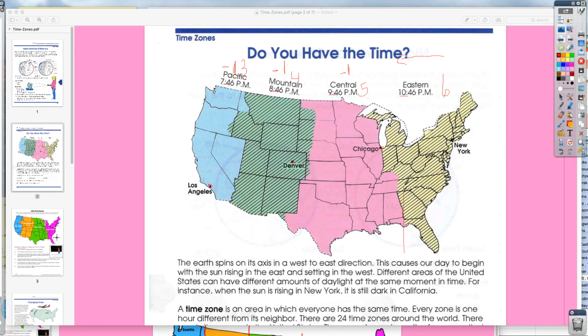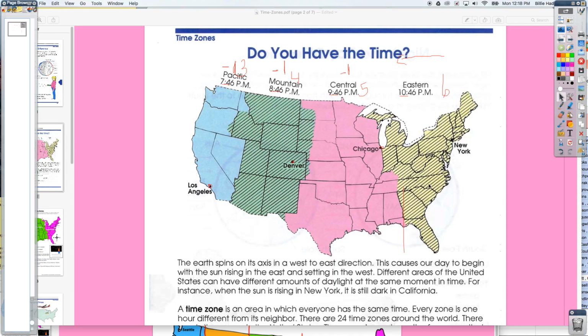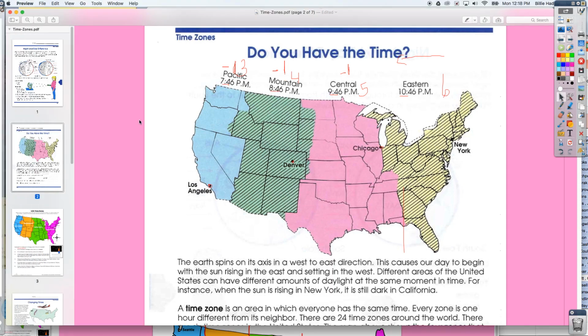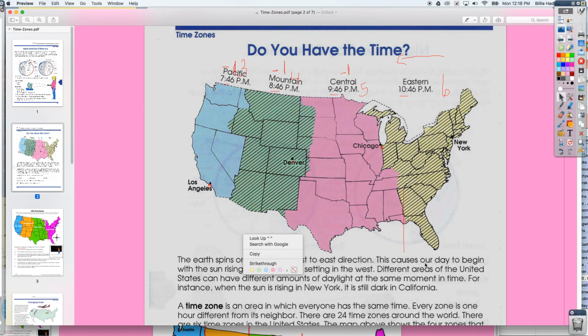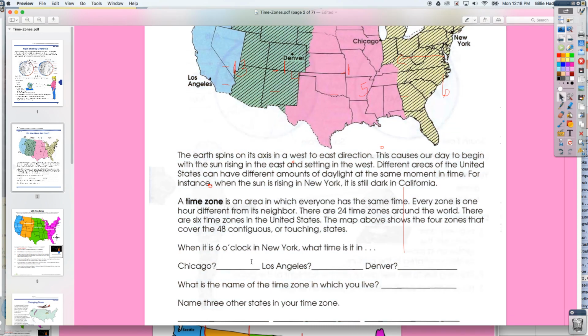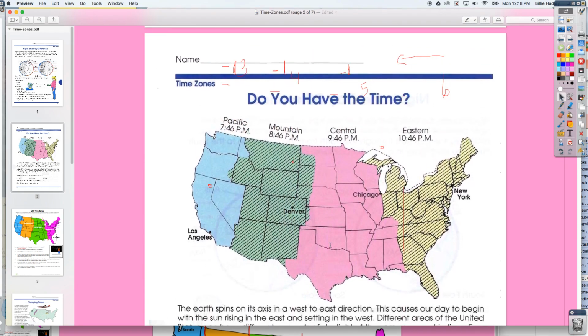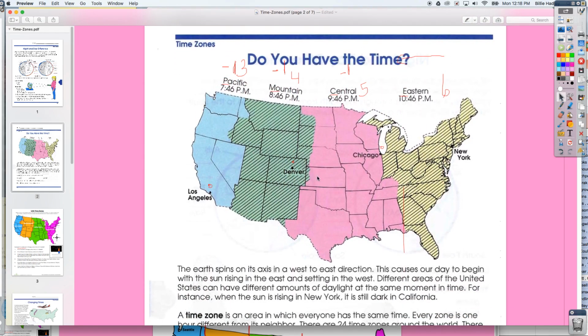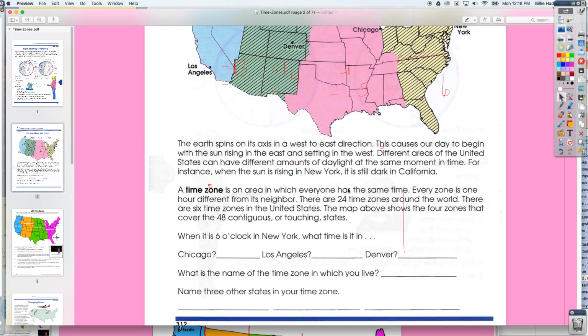So, in looking at the sheet, when it says Chicago, Los Angeles, and Denver, it would be 5, 4, and 3. The time zone that we live in is Mountain.